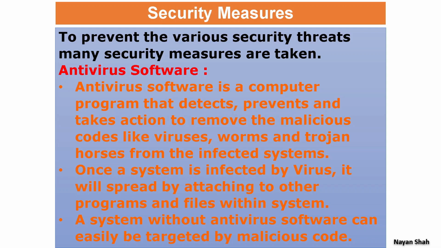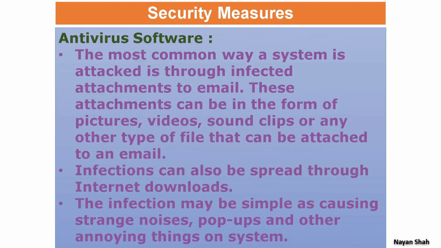So if you are using your computer or desktop for financial transactions, credit card transactions, banking transactions, then using antivirus software is a must. Otherwise, you may lose some information, which will result in some financial loss.